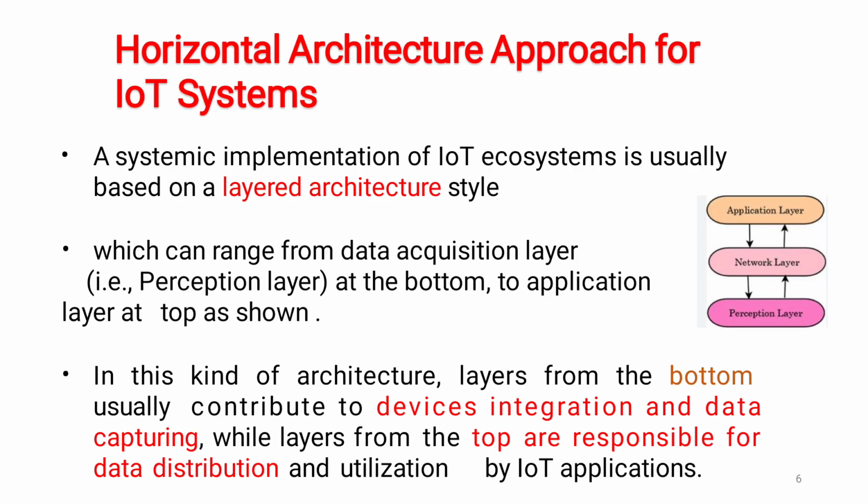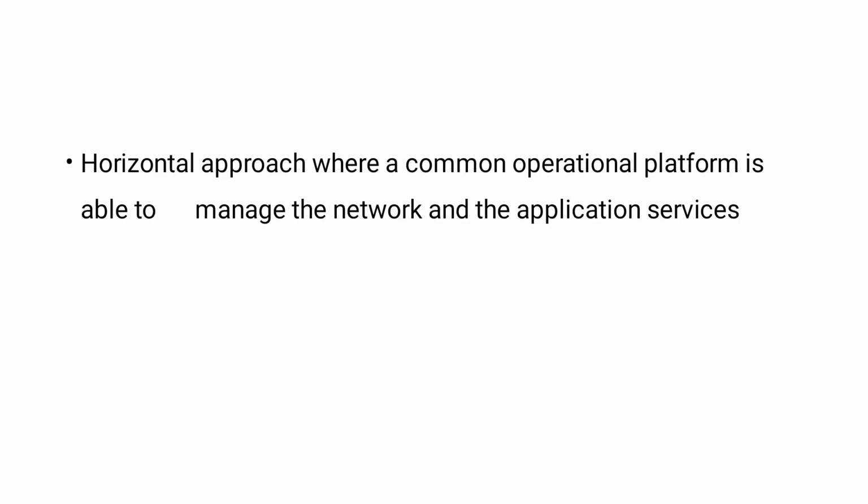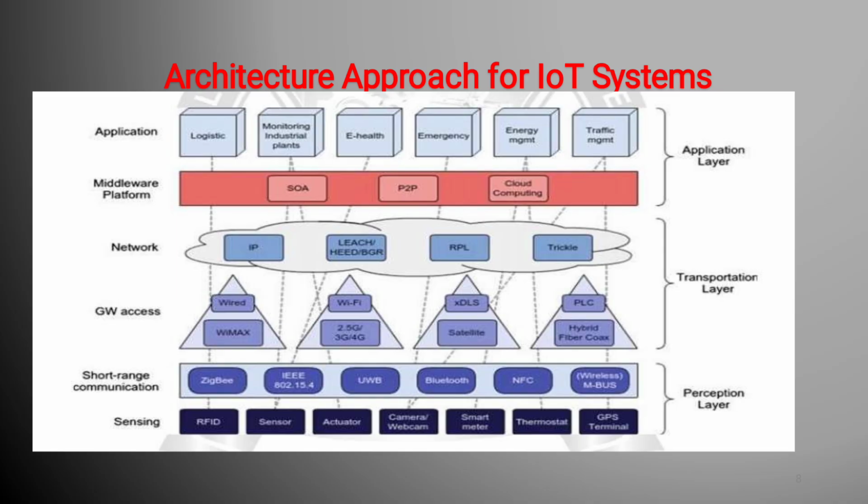This kind of architecture layers from the bottom usually contribute to devices integration and data capturing, while layers from the top are responsible for data distribution and visualization by IoT applications. Horizontal approach where a common operational platform is able to manage the network and the application services. This is the horizontal architecture.